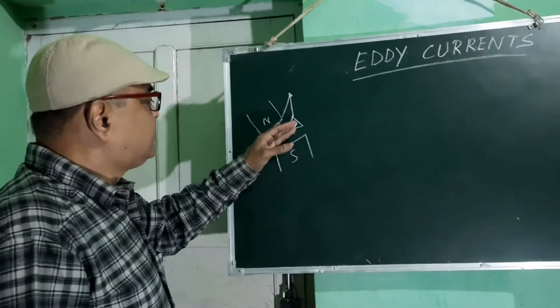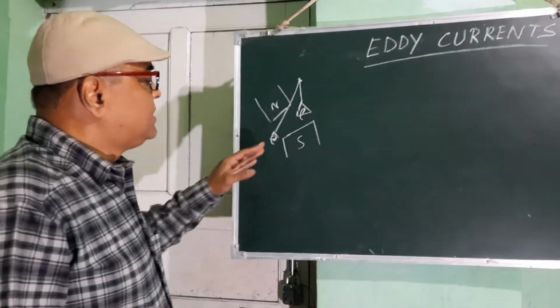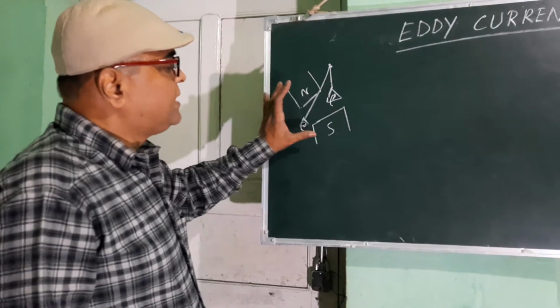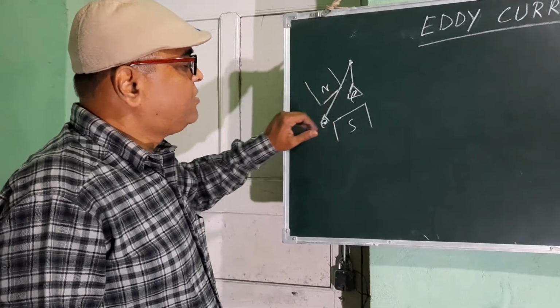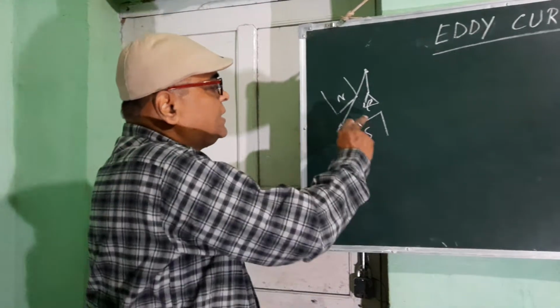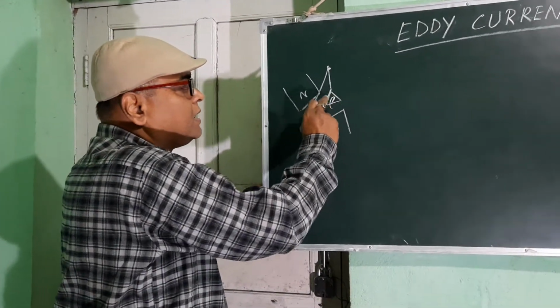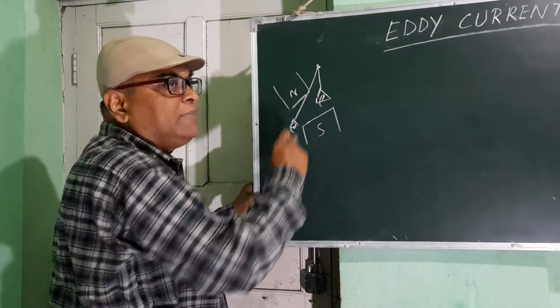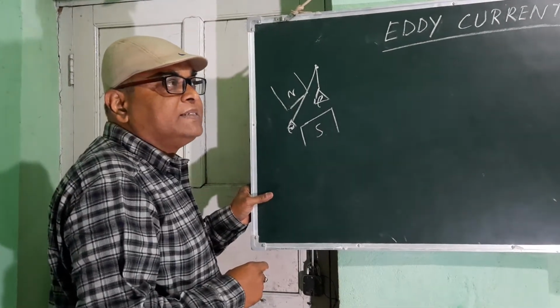Now, one plate is present and the plate is moving, so the magnetic field is also changing. As the magnetic field changes, a current is generated in the plate, and the name of that current is eddy current.